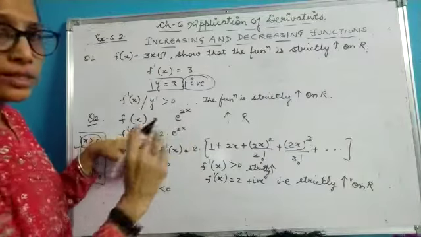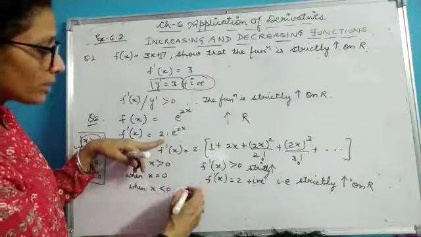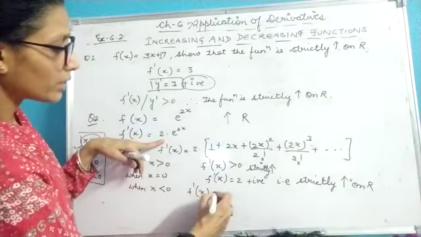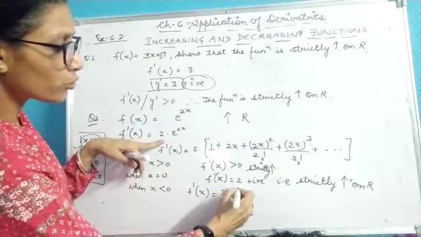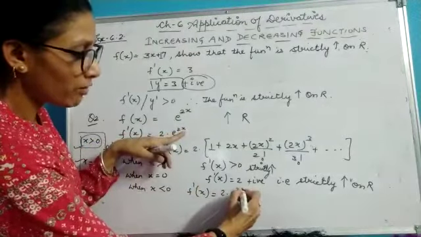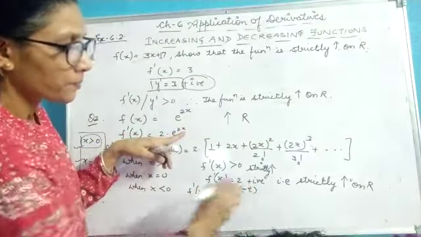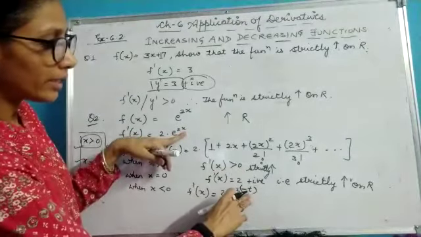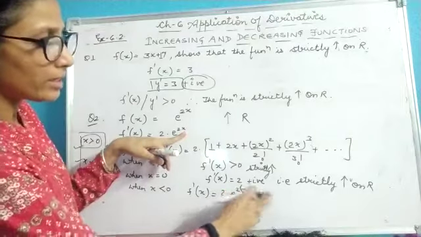Now when we are going to find out for x less than 0, suppose that this x is some negative value. So I can simply write this f dash x as 2 into e raised to power 2, replacing this x with some variable, say minus t, where t is any negative integer.